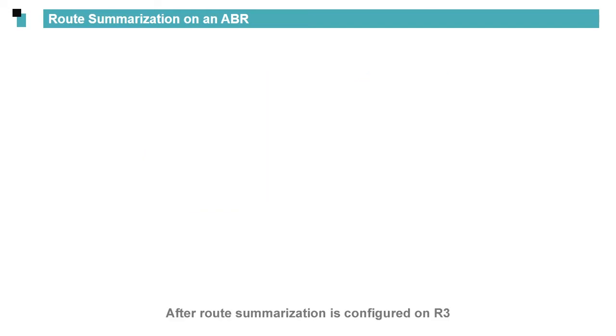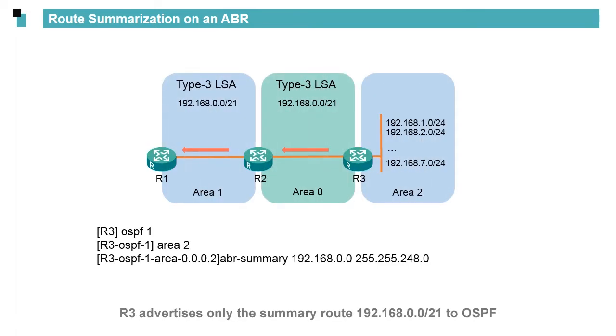After route summarization is configured on R3, R3 advertises only the summary route 192.168.0.0/21 to OSPF. In this case, R1 and R2 need to learn only this summary route and use this route to reach the 7 network segments connected to R3. This ensures network reachability and reduces the routing table size as well.